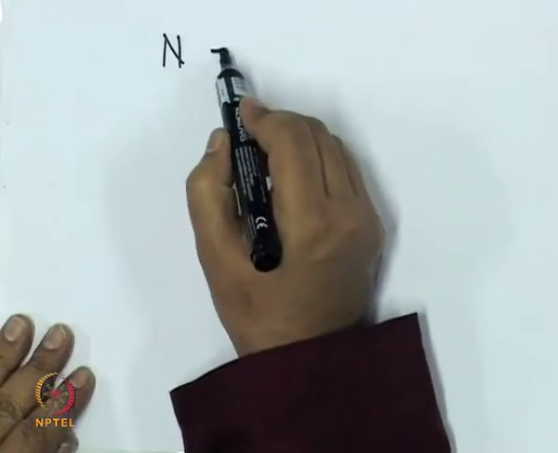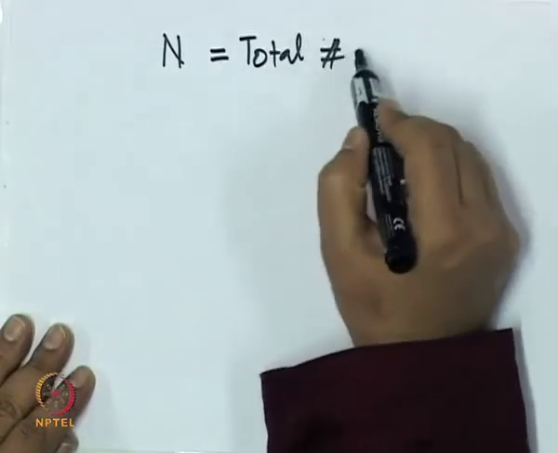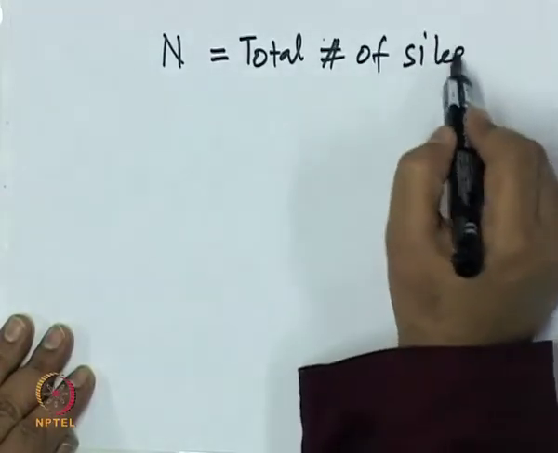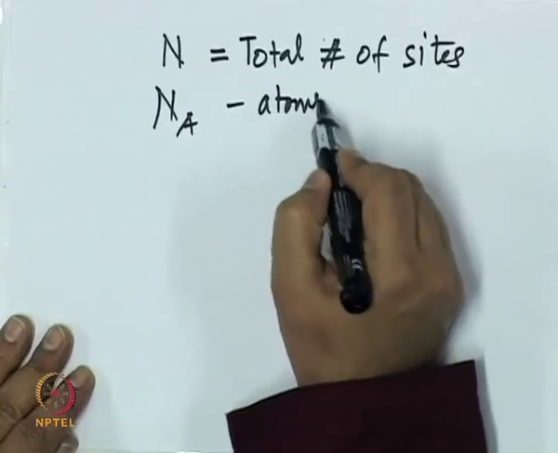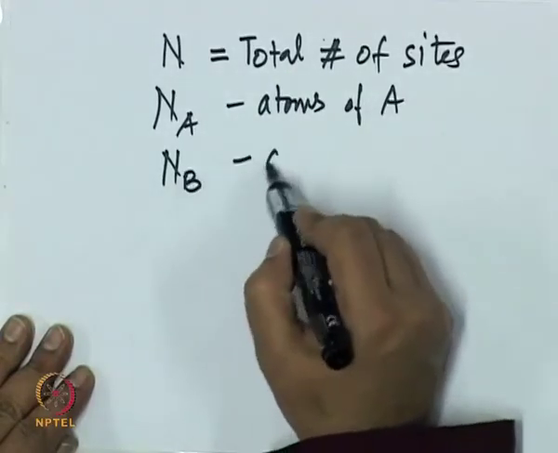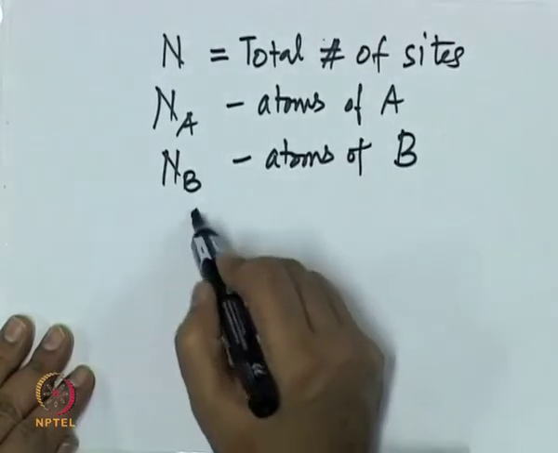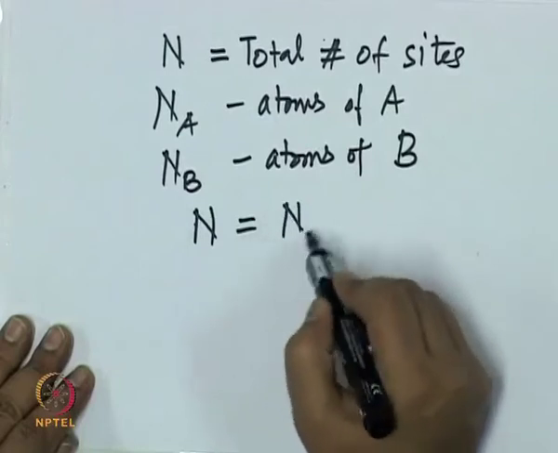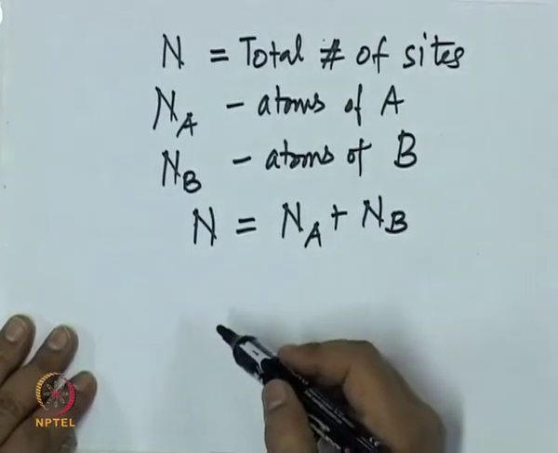We say that I have total number of sites as n, and I have Na atoms of A and Nb atoms of B, and the total number of sites is nothing but Na plus Nb.